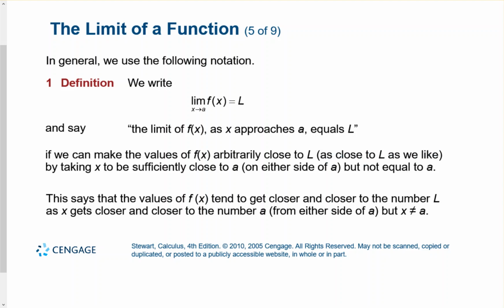We can see what the trend looks like by approaching from both sides of a, from the negative side and from the positive side, and then we can see what the limit of the function approaches.